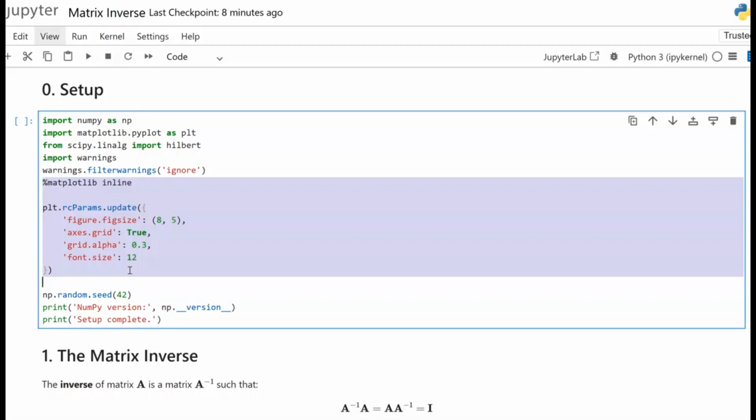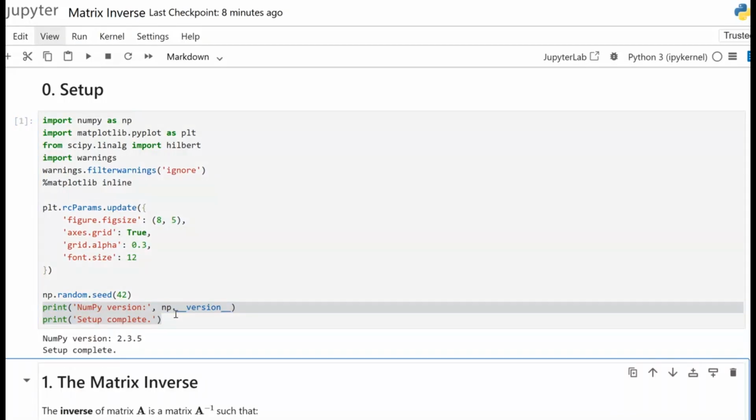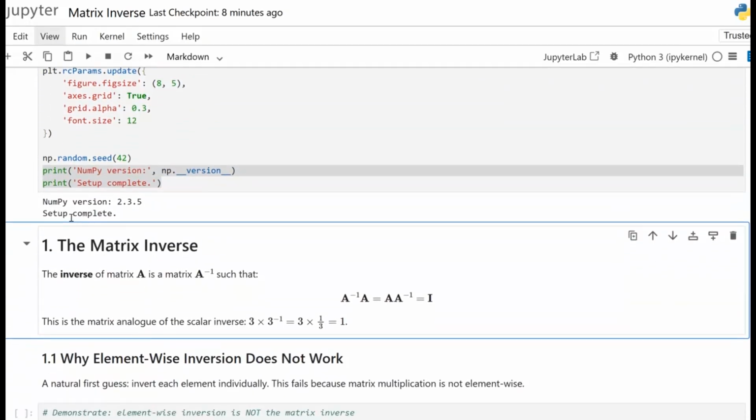Closing the dictionary applies all the configuration updates. Let me execute this. Of course, we have the NumPy version as 2.3.5.